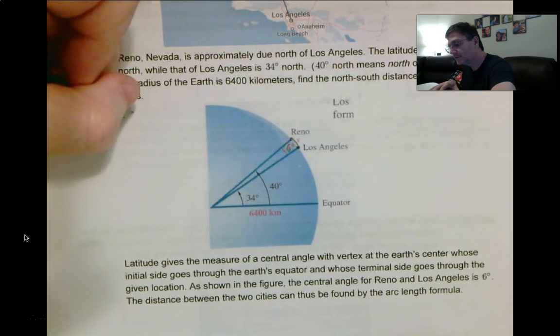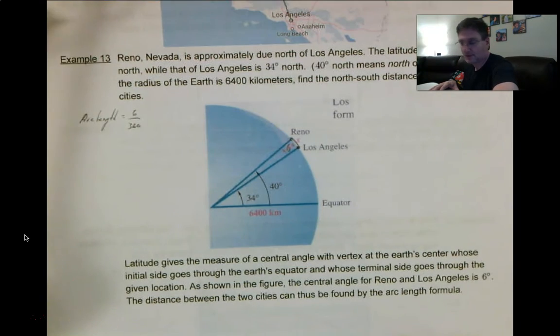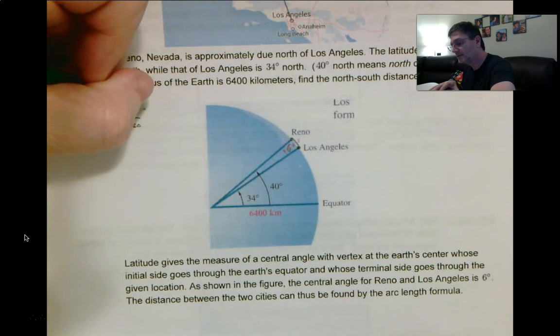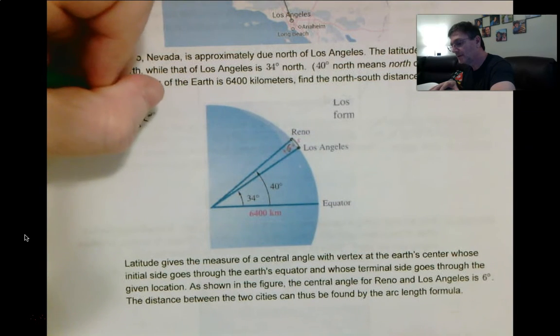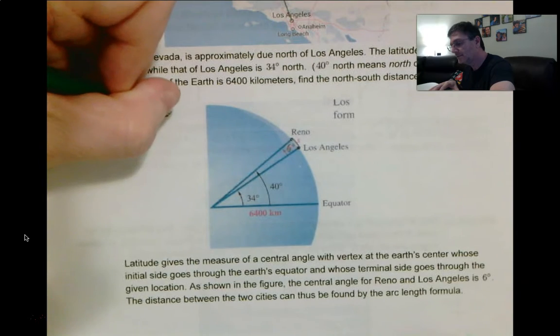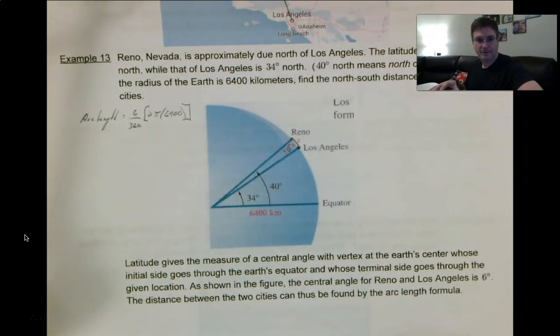equals arc measure 6 over 360, the fraction of the Earth that we're measuring, times circumference 2 pi, and our radius is 6,400 kilometers.